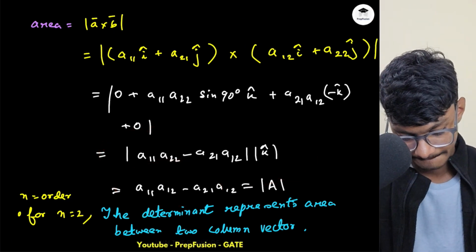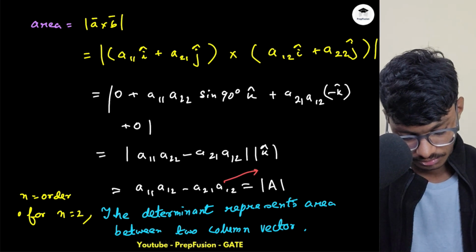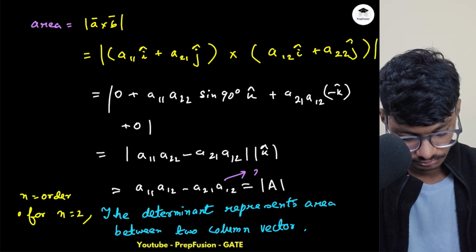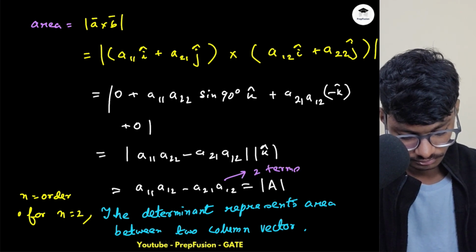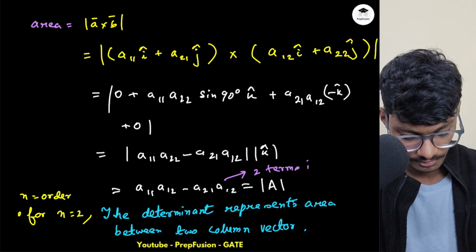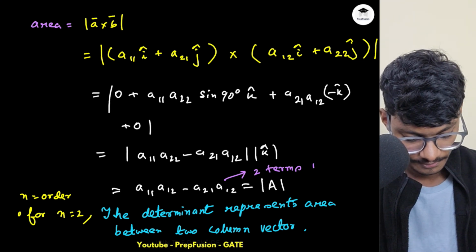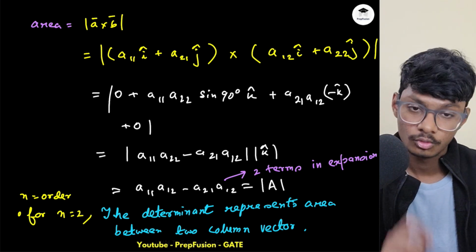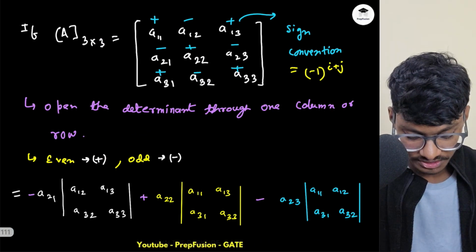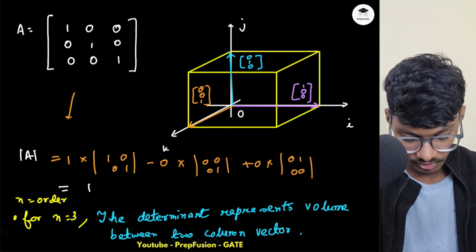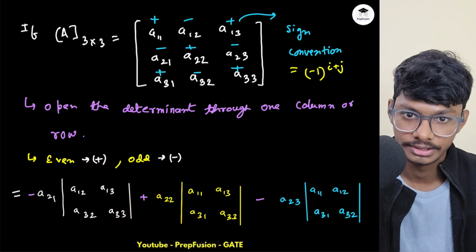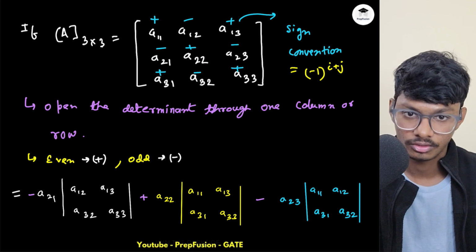Now for a 3 cross 3 matrix, how many terms are we getting? You might say, sir, we are getting only 3 terms, it should be 3 factorial, 6.